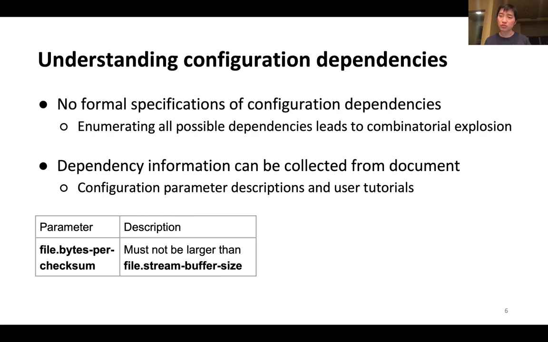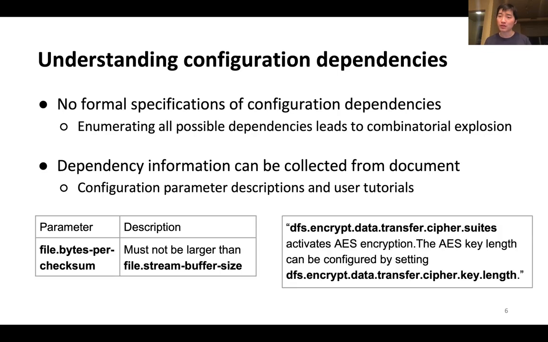In its description, we can explicitly see such a dependency relation. It should not be larger than another parameter, file stream buffer size. We also have one example case from a user tutorial where one parameter will activate the AES encryption and the other parameter will decide the key length used for this AES encryption.